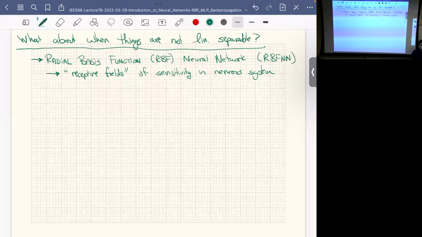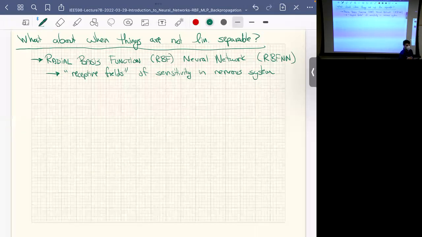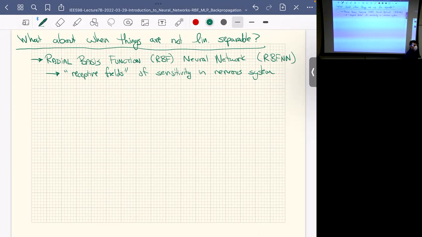There's a small receptive field where if you get close to it, they fire, but as you move away from it, they don't feel that. So they're very localized. Your sensory system is not paying attention to all inputs. It's really paying attention to a small set of inputs.